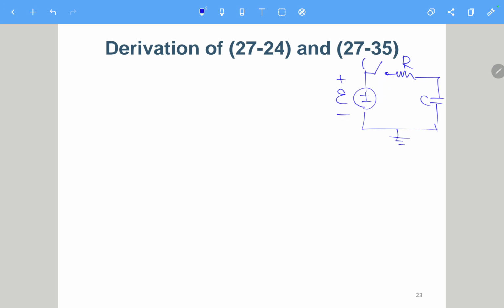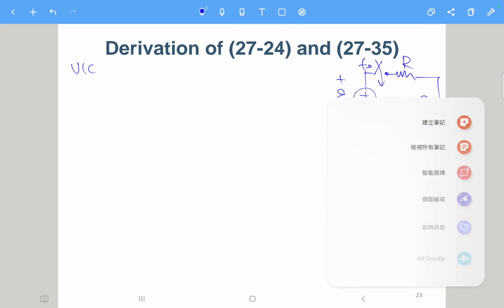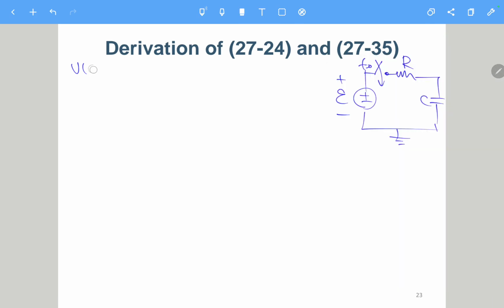And then at t equals 0, the switch will be closed, so that there will be current there. Let's say this is V. This voltage across the capacitor is V. So we will expect V(0-) is 0 volt. This is the initial condition.